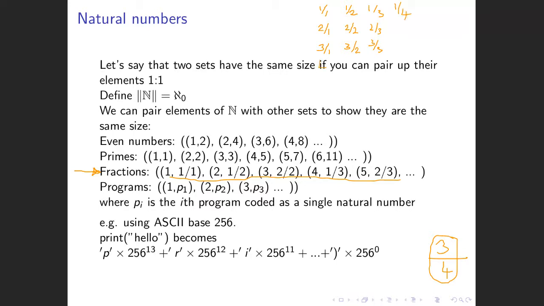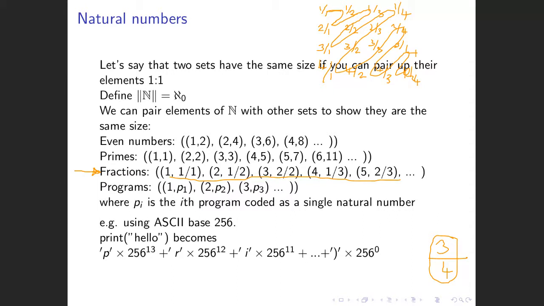The fact that I'm actually writing these on the slide one at a time is important, because the order that I'm writing them is the order that we're going to pair them up with the natural numbers. Okay, 3/4, 4/3, 4/4. So I think the order I wrote them was something like that. You can easily find an ordering.